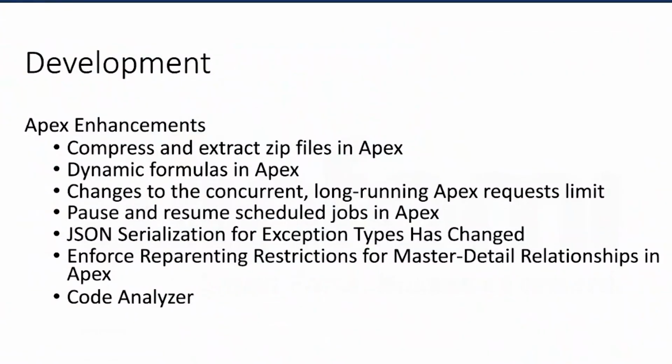Okay, on the development side, speaking about the Apex enhancements, we now have a feature out of the box to compress and extract zip files in Apex. Right now Apex in the application is limited for this. Even if we have to do it in-house, it would be limited based on the heap size.